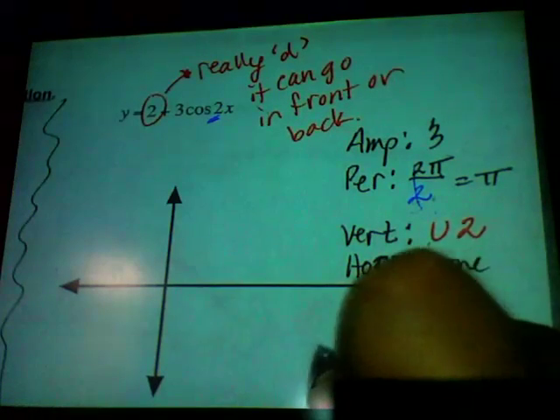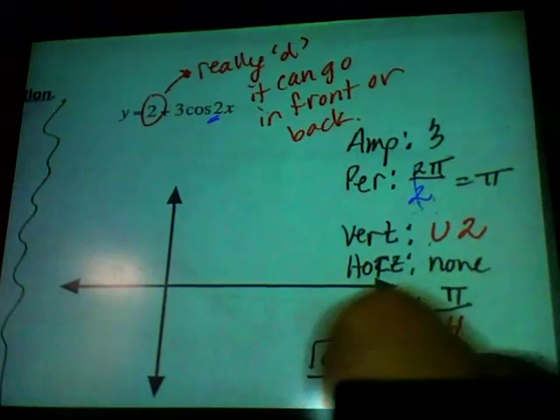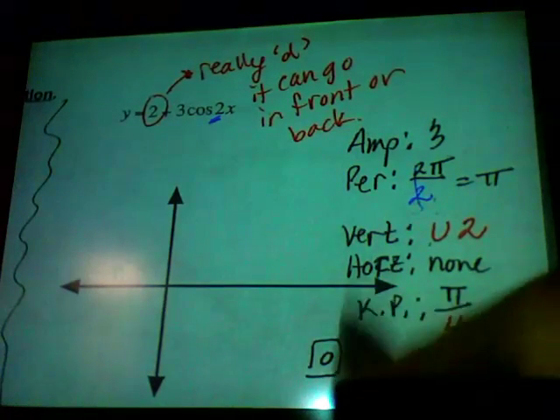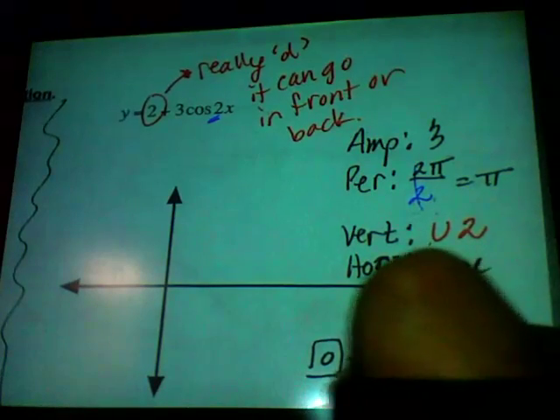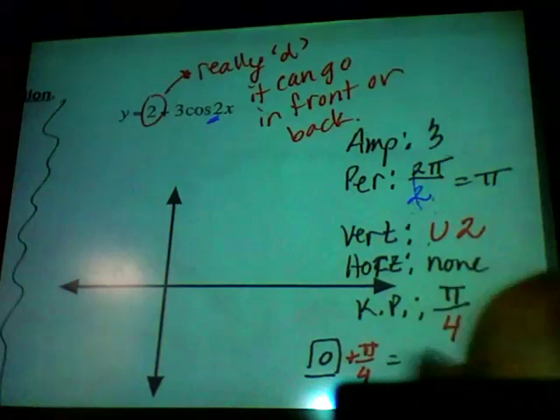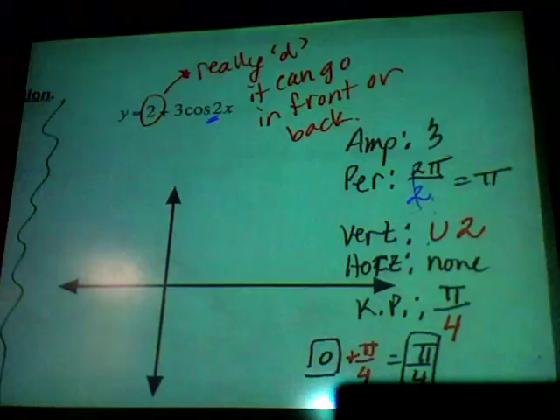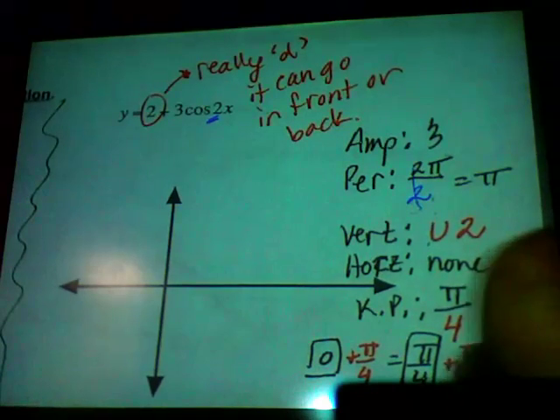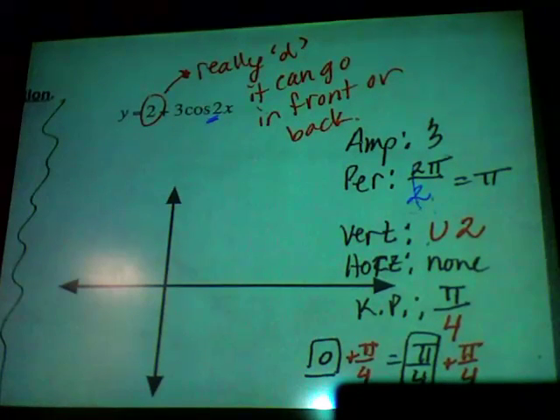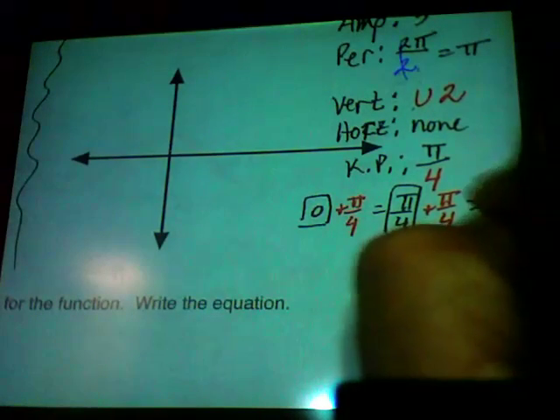So 0 is my first key point. Then I'm going to add to that pi over 4. What do I get? Pi over 4 is my next key point. Then I'm going to add to that pi over 4. What do I get? Then I get pi over 2. 2 pi over 4, right? Which is pi over 2.